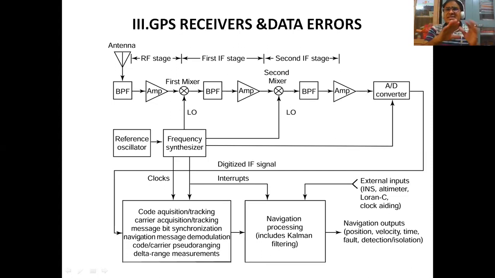So these many blocks may be present at the tip of a finger, because the large scale integration technology, we call it VLSI technology, has brought down the sizes of electronic devices and circuits. Such a small thing the GPS receiver is.